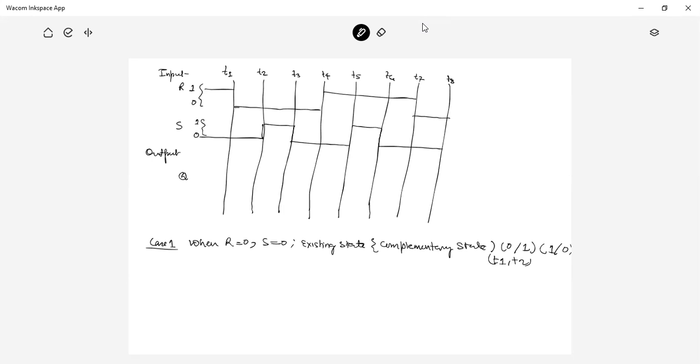In this state, it is 0, so Q is 0, and Q bar is 1.